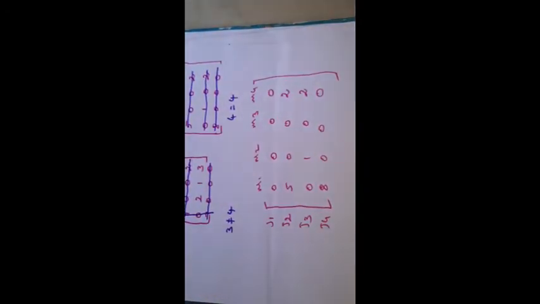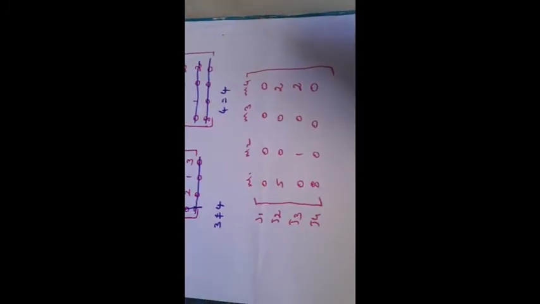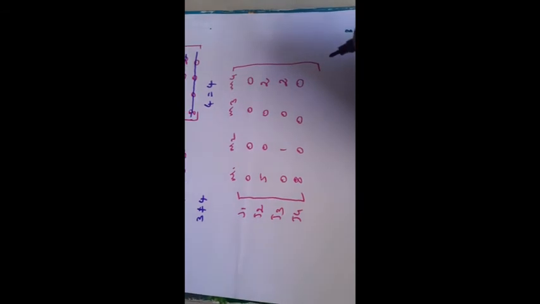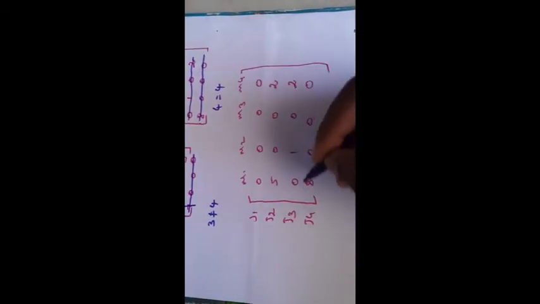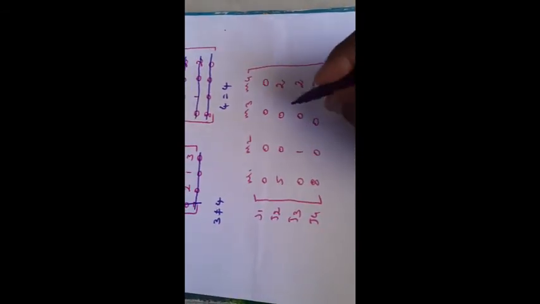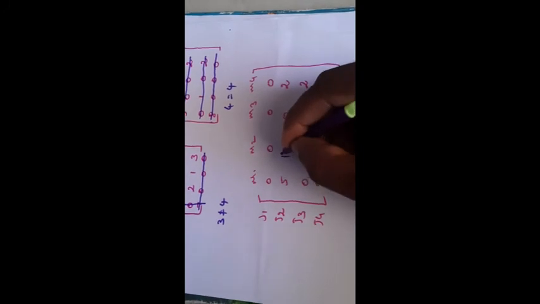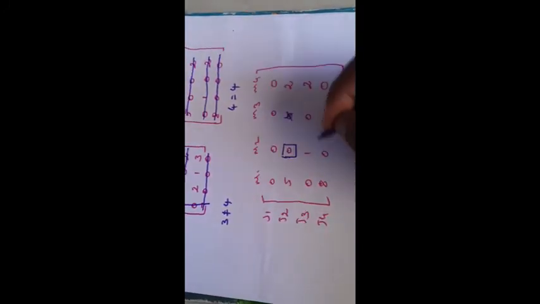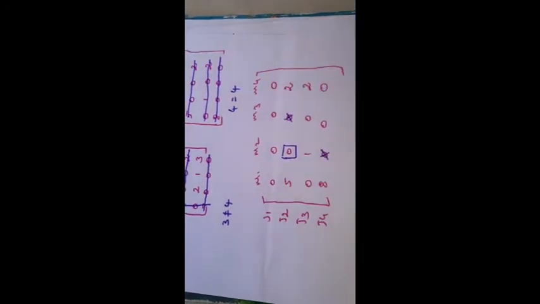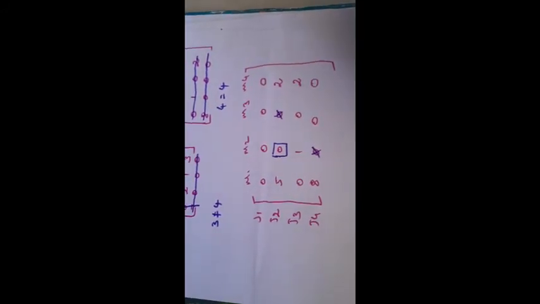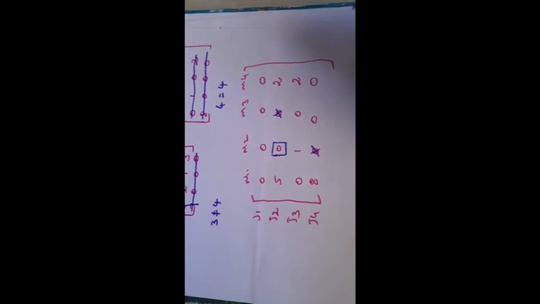So assignment. First we need to start where the minimum number of zeros occur. So which row has the minimum number of zeros? The second row has the minimum number of zeros. I allocate this 0. So we need to cross out the other zeros in that column and row.